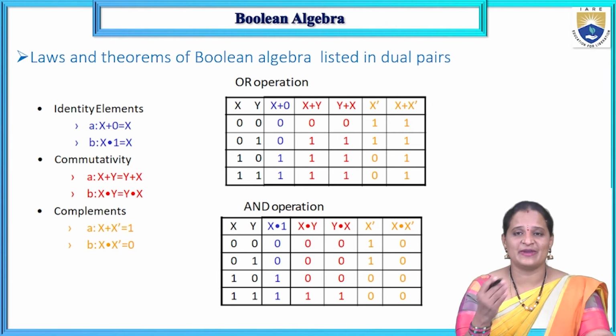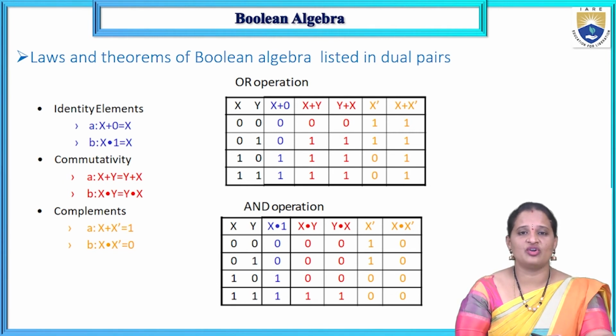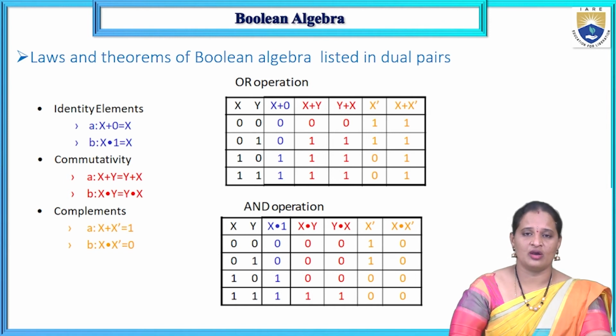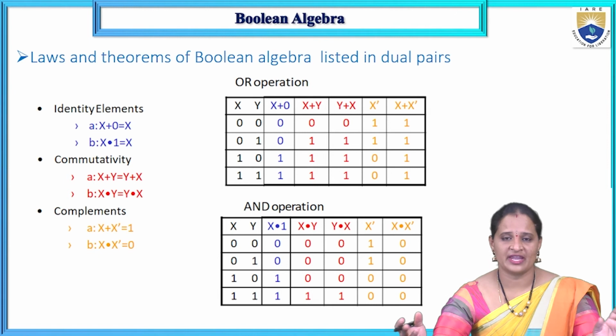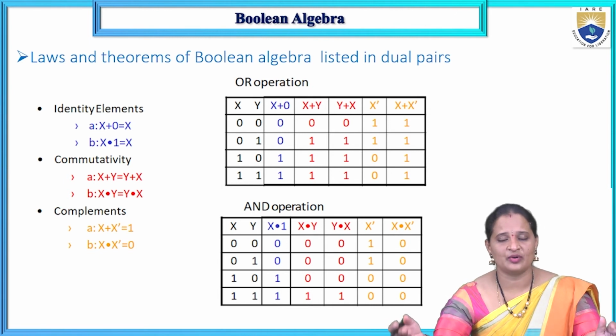That means it specifies all the possible combinations of input variables and also the corresponding outputs of a circuit or an expression.